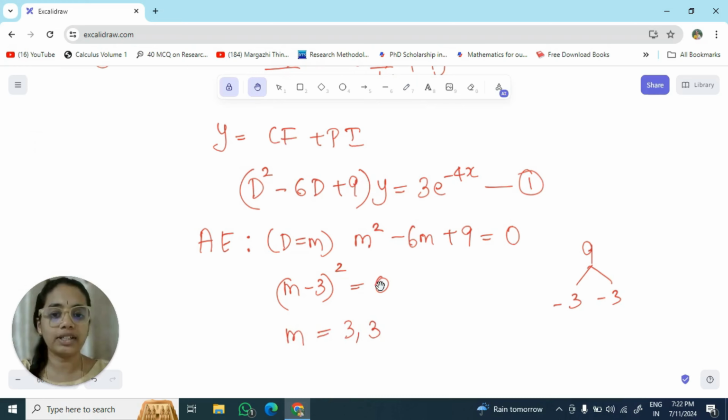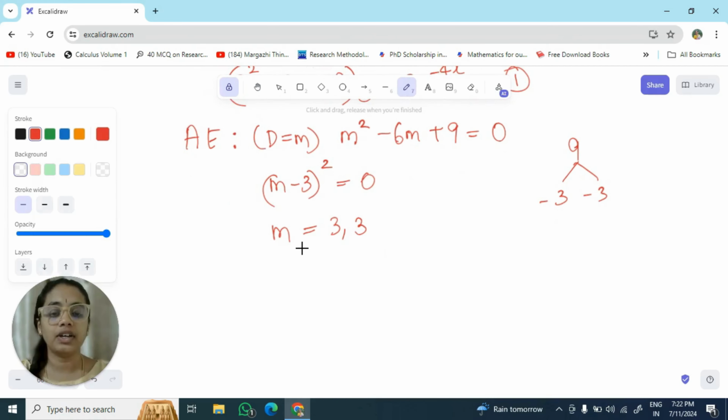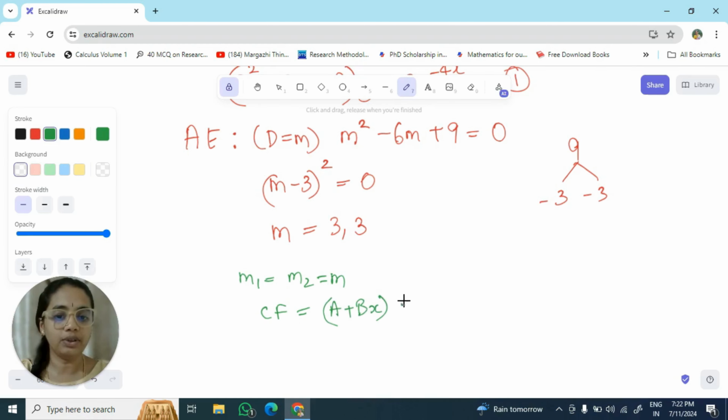So how do you write the CF when we have real and equal roots? When we have, say for example, m1 equals m2 equals m, our CF would become a plus bx into e power mx. We just studied this in the previous session.